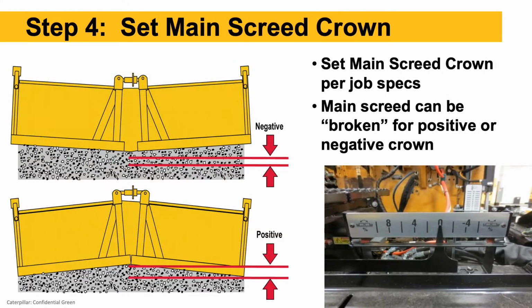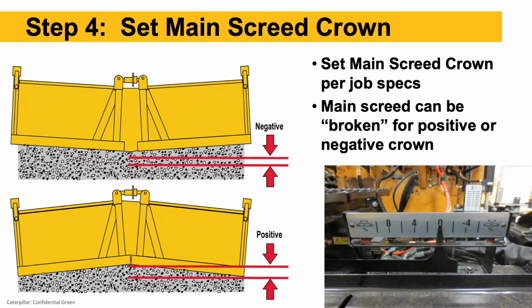Step 4, set the main screed crown. In the center of the main screed, there is an adjustment there. You can have what we call negative crown, which is more like a V or a swale type thing. Or we can have positive crown, which is what, if we do have crown in the screed, most times it is. So it may be 1 or 2%.